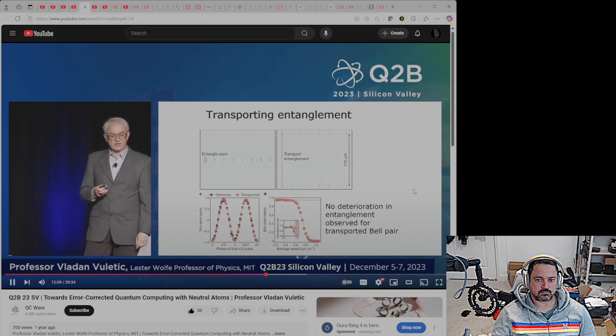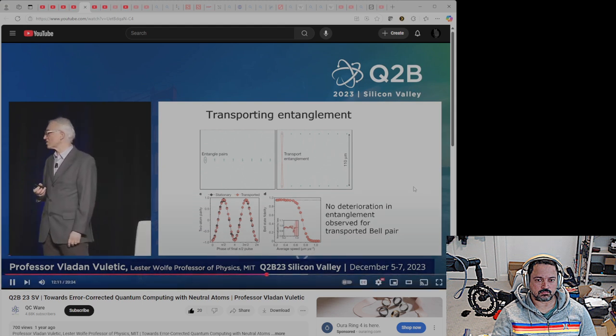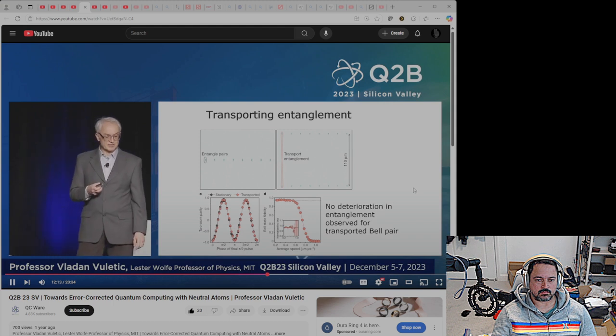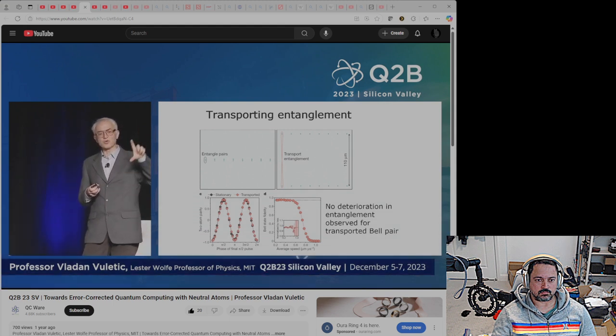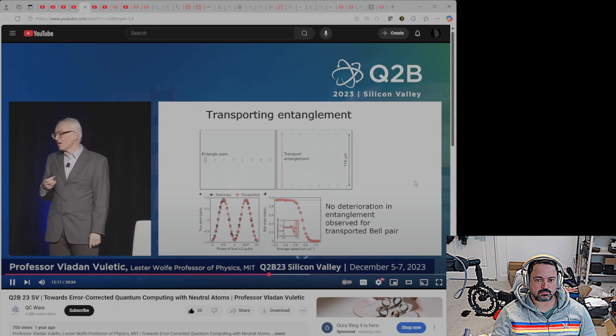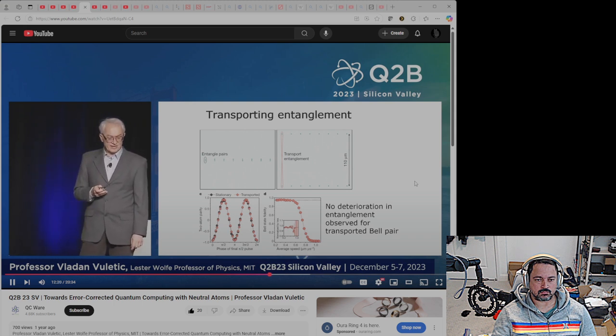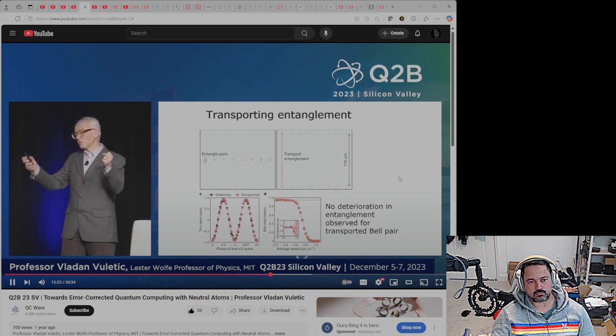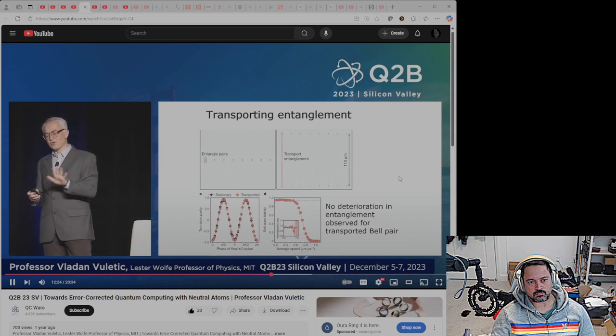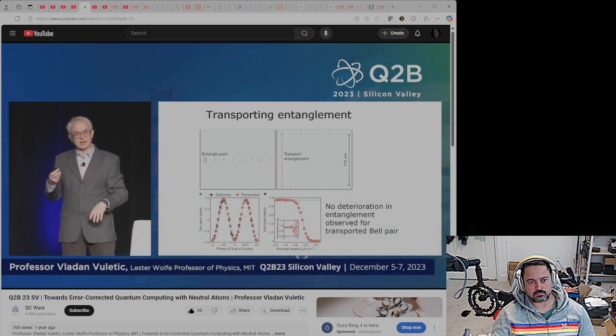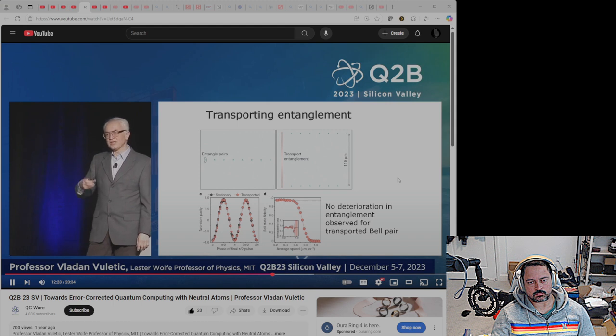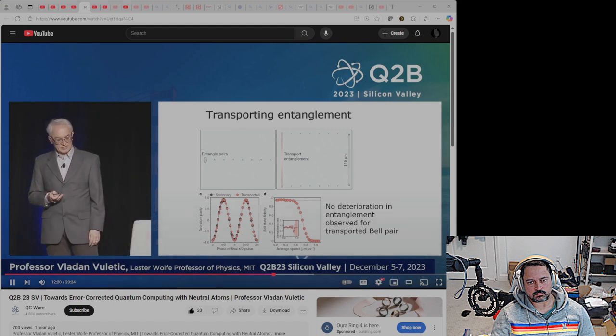If we did things right, we could see no deterioration of the quality of the Bell pair. So the stationary qubits and the moved qubits under the right conditions had identical fidelity. Which means that we can now do non-local connections. And even though we are working in a 2D surface grid, we can, in principle, realize 3D, 4D, and higher dimensional structures as well, simply by transport.